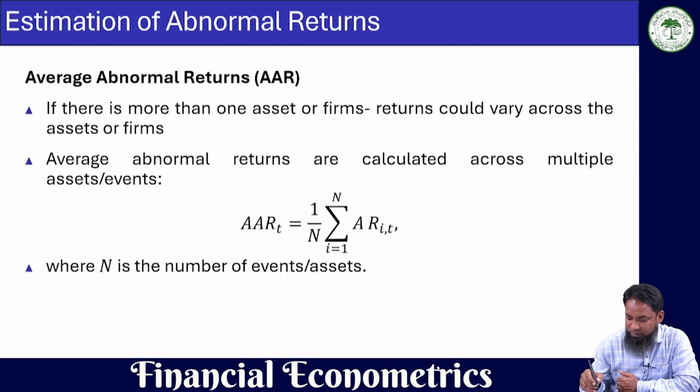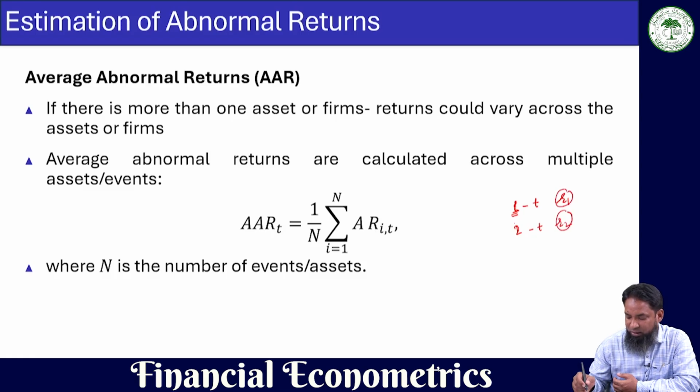In that case, for a particular firm or asset, on the same day at time t, the return could be R1. On the other hand, for asset 2, let us say this is firm A or asset 1, then for asset 2 at the same time, the same day, the return could be different. So which one should we choose?